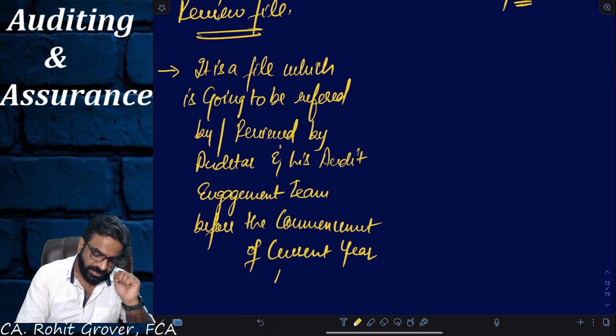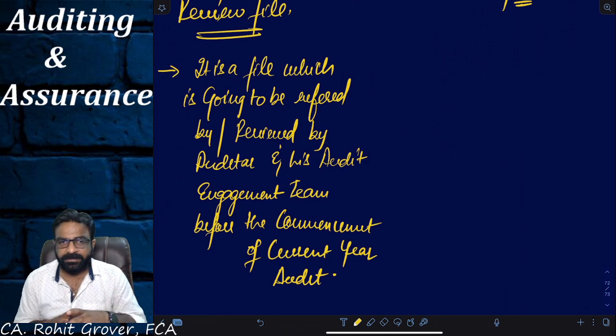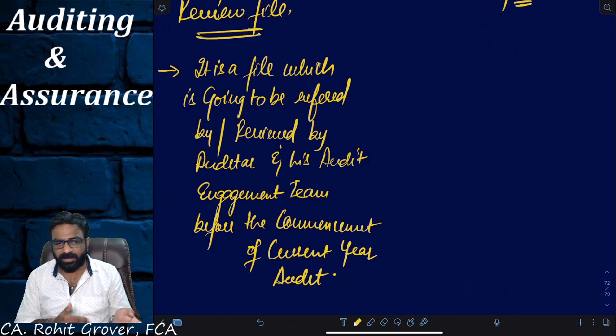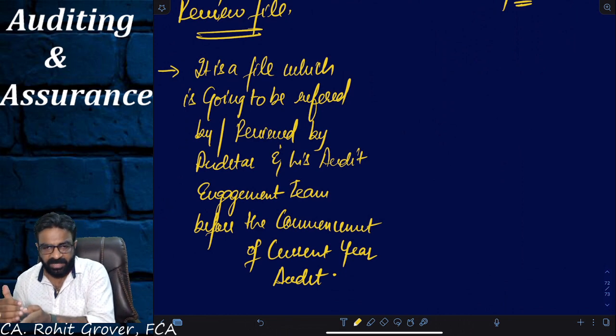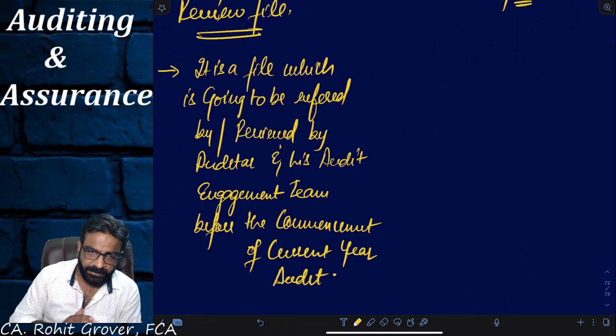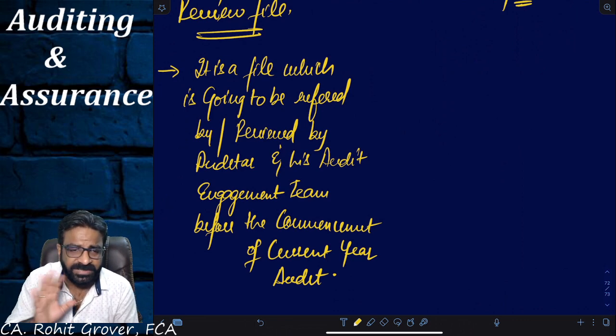Now, how many of you understood the concept? It is which file, everyone? Which will be opened, which will be reviewed and referred by the auditor and his audit engagement team after the commencement of the current year audit or before the commencement? Before the commencement. So tell me, everyone, which kind of documents are we verifying? Did we start the audit or we did not start the audit?